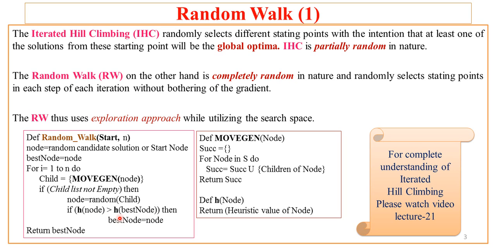With this test, the node with the higher heuristic will be the best node. Now this best node is returned after all the iterations of the for loop. Now to understand this algorithm practically, we will try to explore it using an example in the next slide.